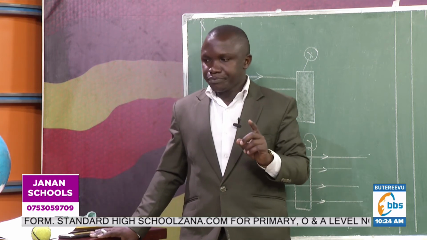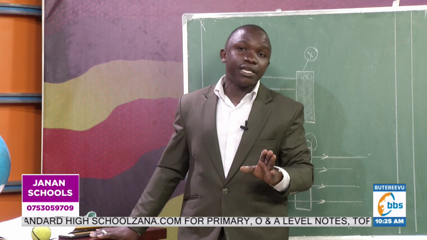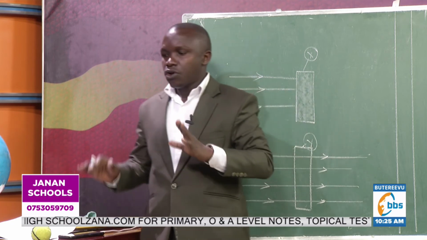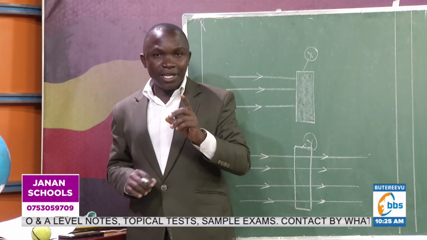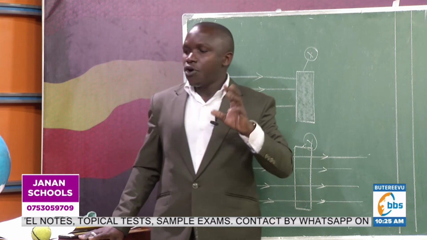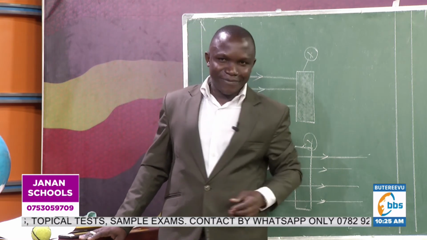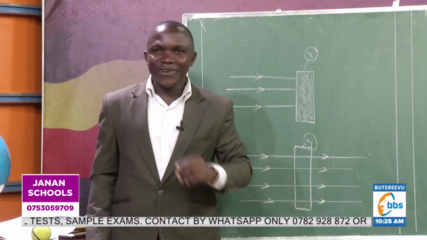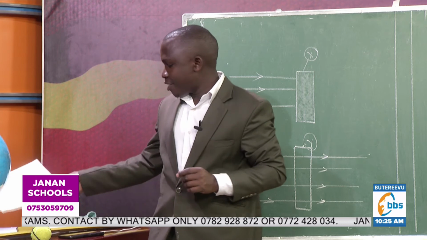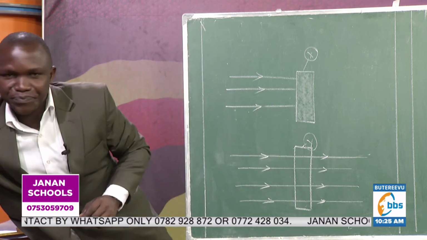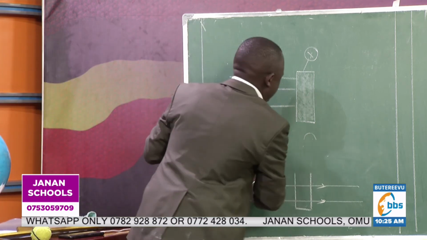A shadow is formed in the direction opposite to the source of light. Is that okay? A shadow is formed in the direction opposite to the source of light. Now, let me give you a simple illustration and see how you can answer properly.